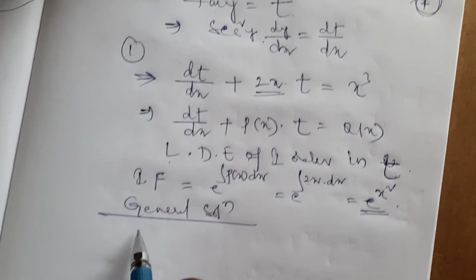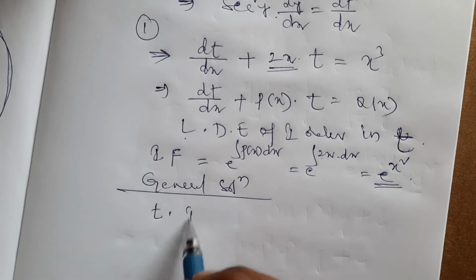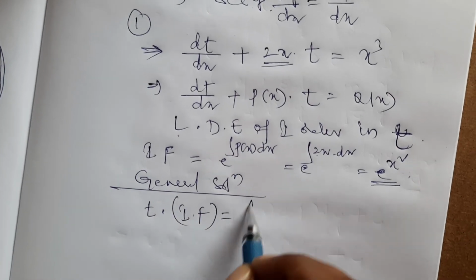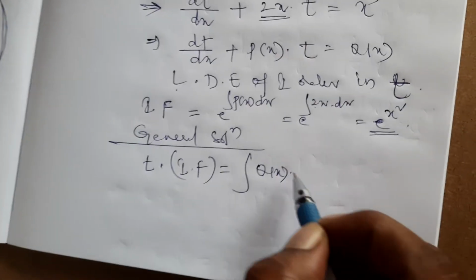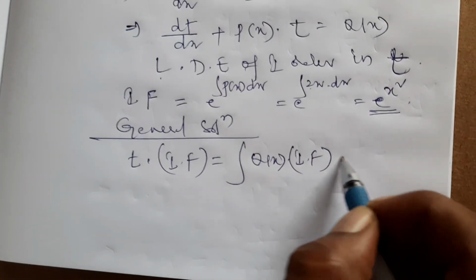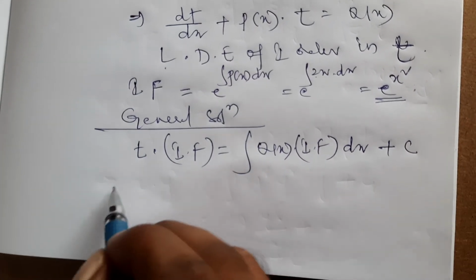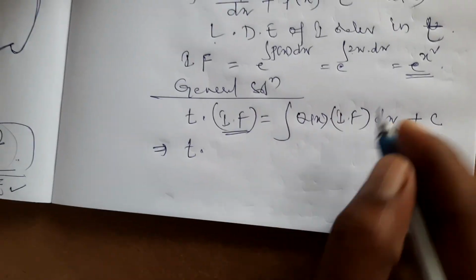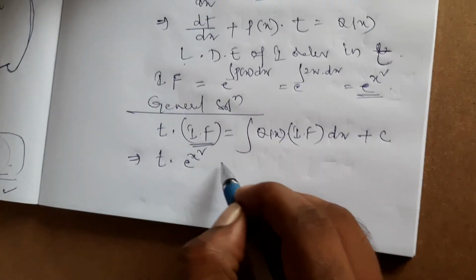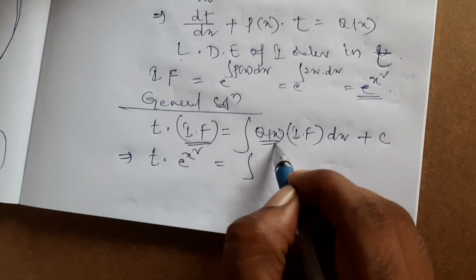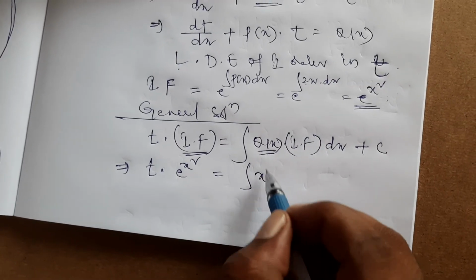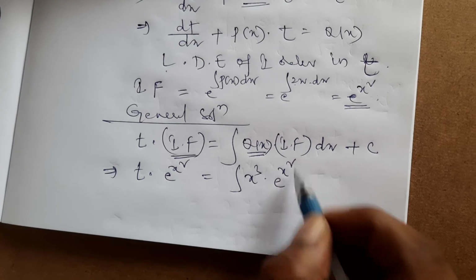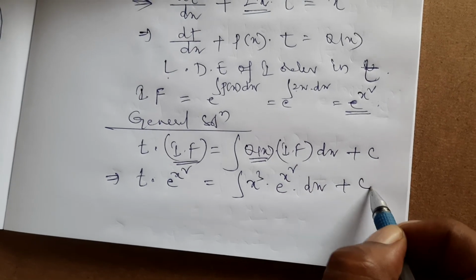What is the general solution formula? t into integrating factor equal to integral q of x into integrating factor dx plus c. So here t into e power x square equal to integral of x cube into e power x square dx plus c.